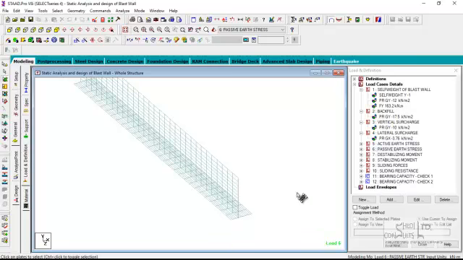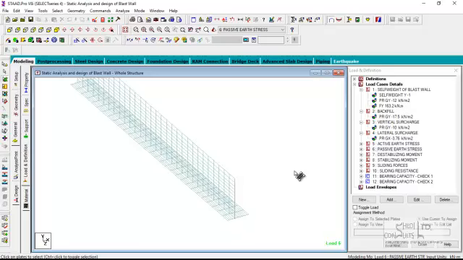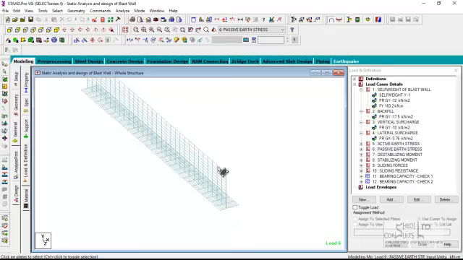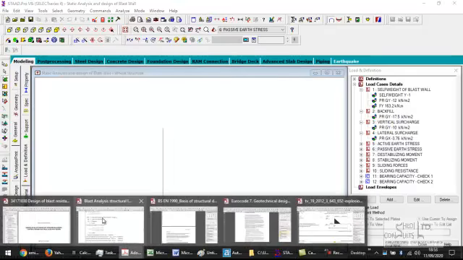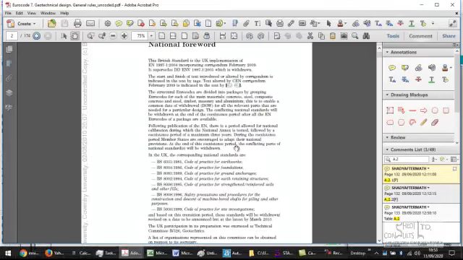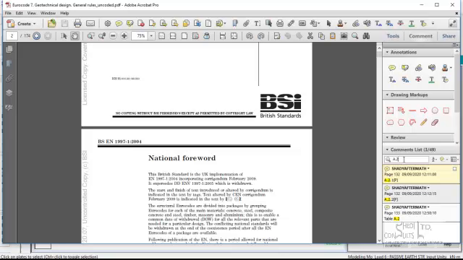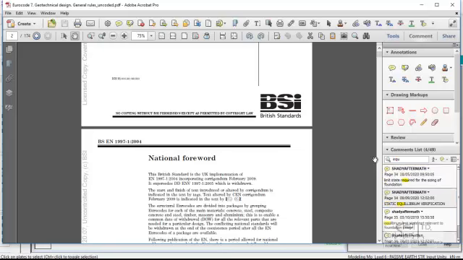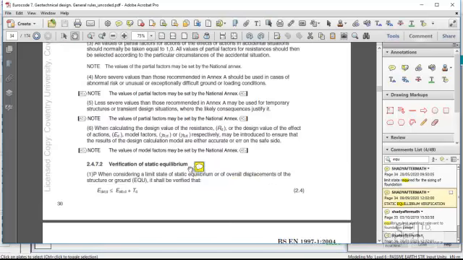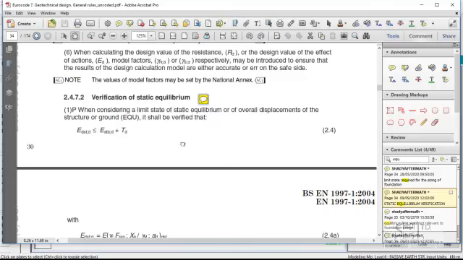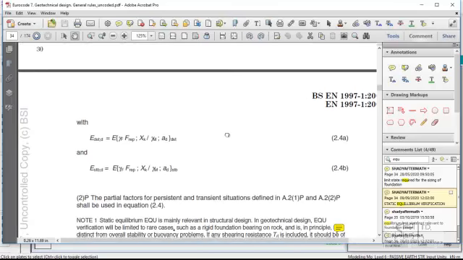Now, the next thing after the application of this load, we need to check the stability of the structure. When you're designing a retaining wall according to the Eurocode, the Eurocode talks about the verification of static equilibrium limit states.